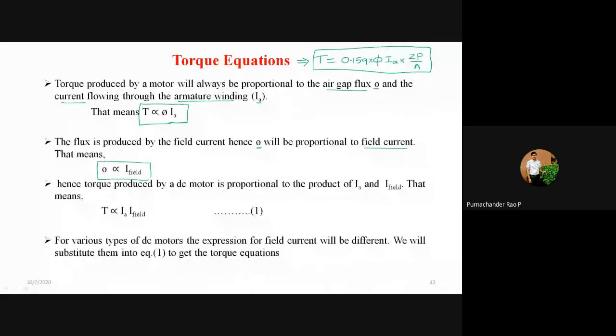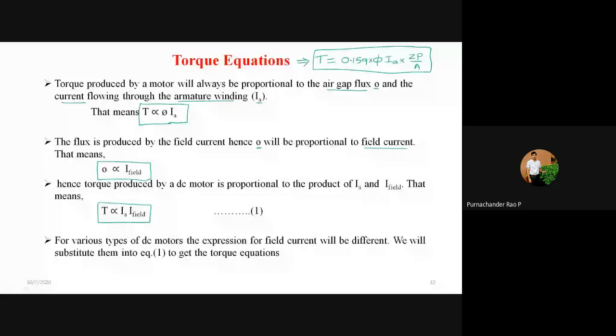And hence the torque developed by a DC motor is proportional to the armature current and the field current.